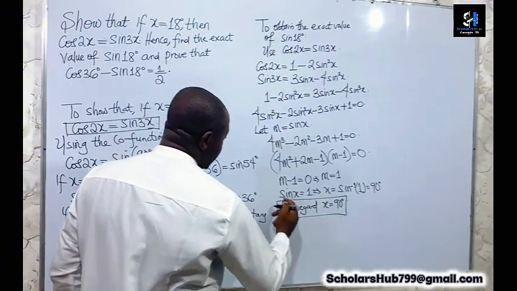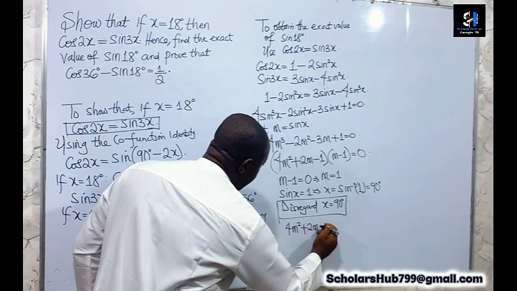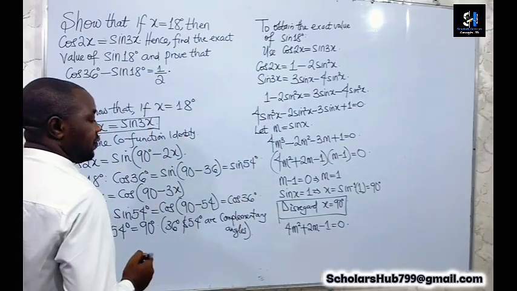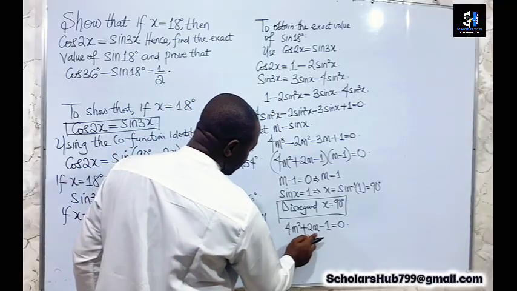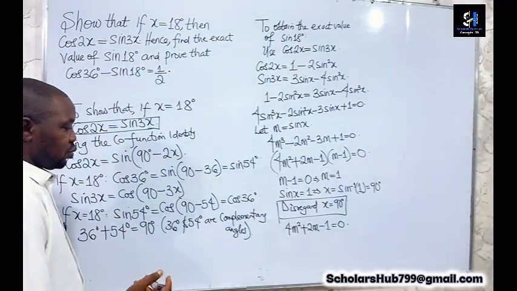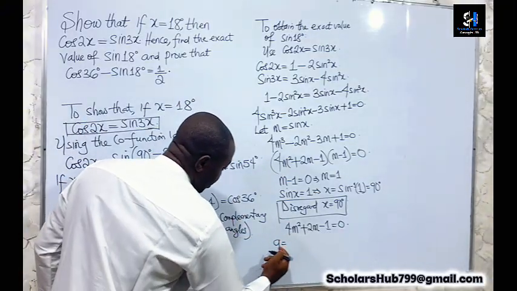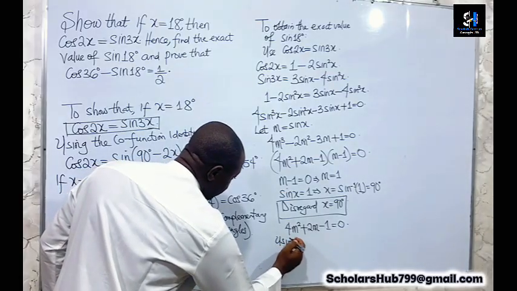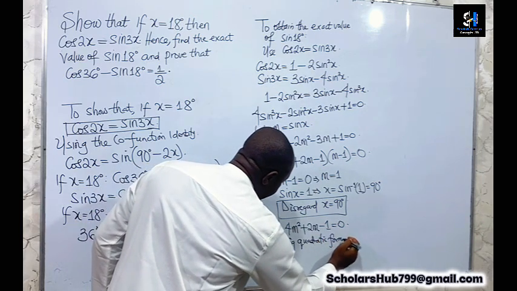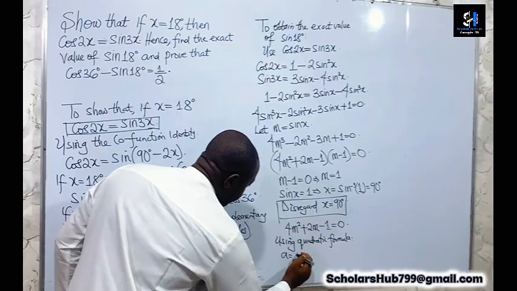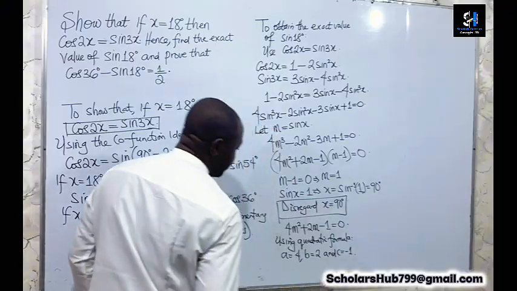All right, so then the second factor, which is 4m squared plus 2m minus 1. First, we need to set it equal to 0. Okay, so 4m squared plus 2m minus 1 equals 0. In this case, let's use the quadratic formula. We have a equals 4, b equals 2, and c equals minus 1.